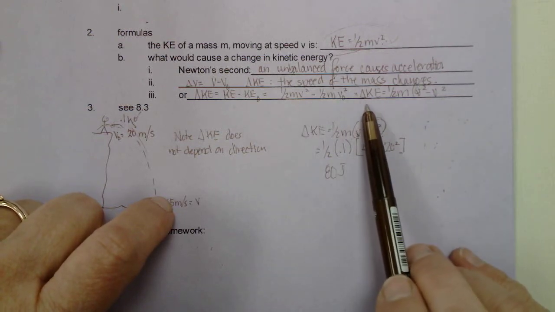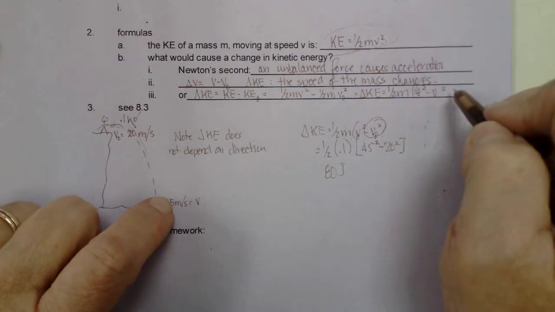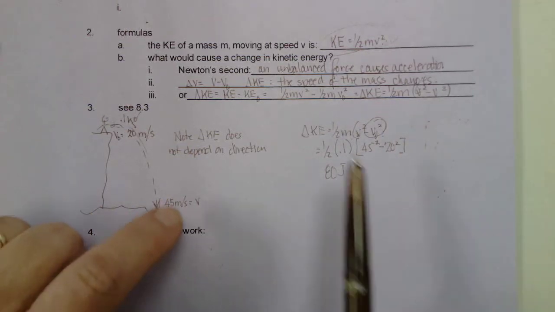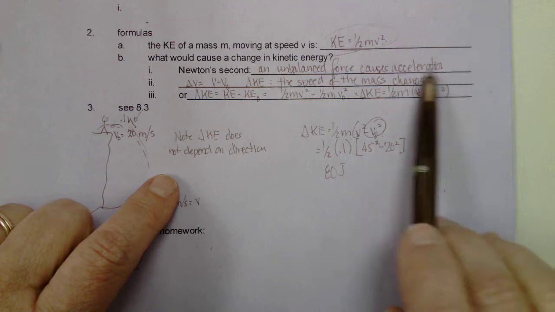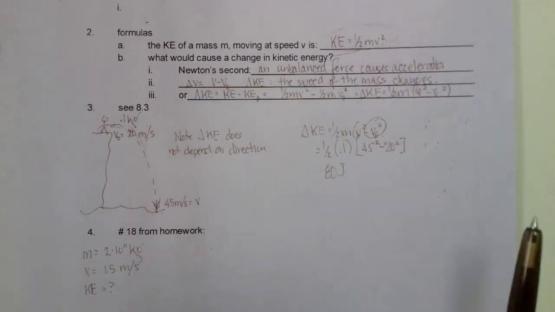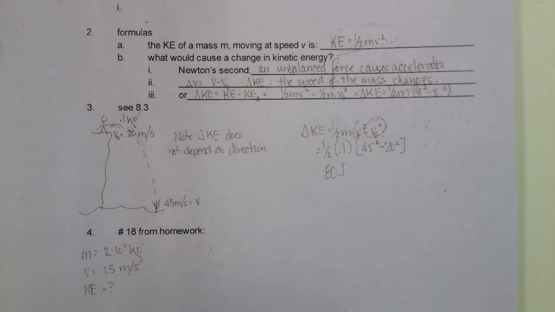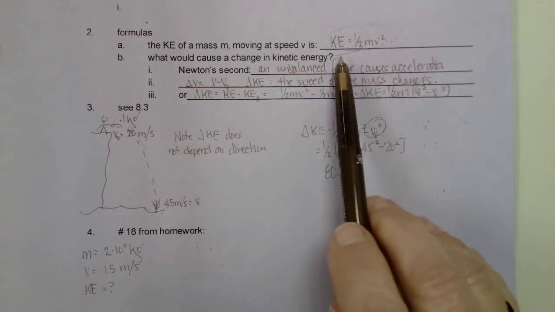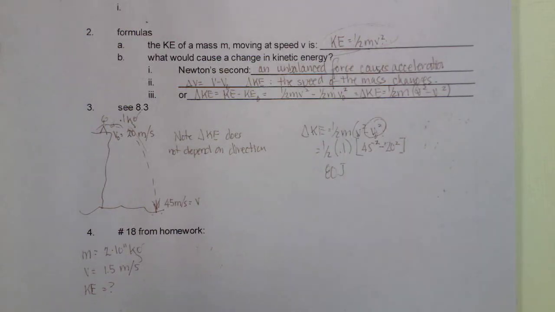So delta KE is equal to 1/2 m times (v squared minus v naught squared). So this is another way of coming up with this equation of delta KE. The derivation is what allows us to jump into kinetic energy without any prior knowledge. This equation comes from this equation.